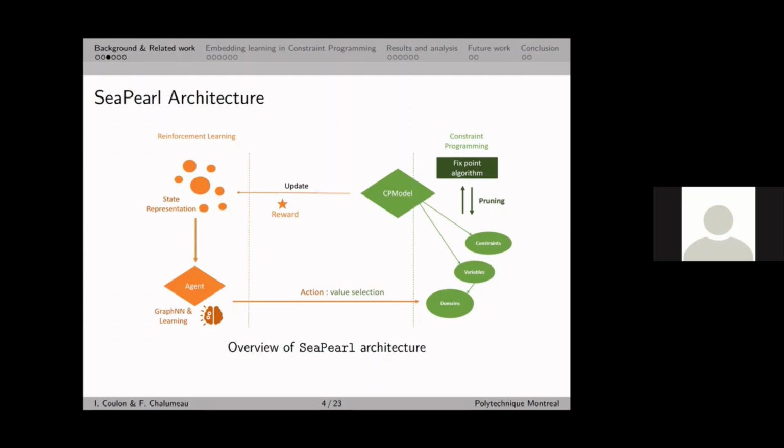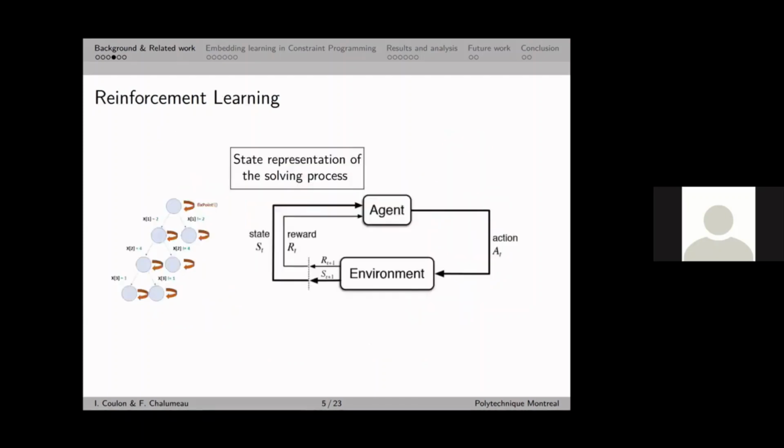Let's now focus on the reinforcement learning framework and how it works. Reinforcement learning is all about having an agent acting in an environment and basically learning a policy to get as many rewards as possible in this environment. So what you need to do reinforcement learning in an environment is a state representation of your agent. In our case, it would be a state representation of the solving process.